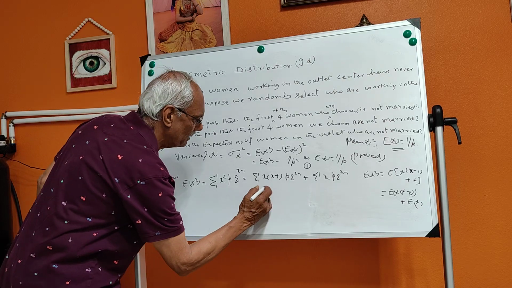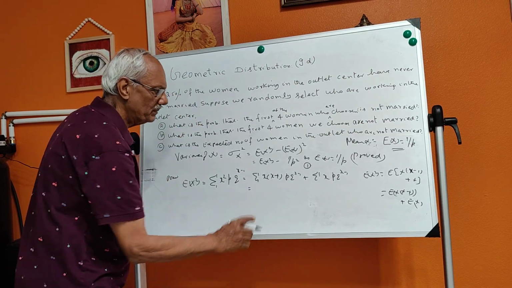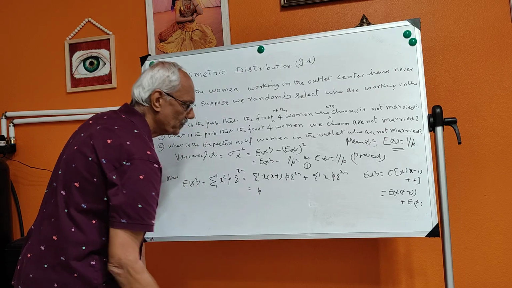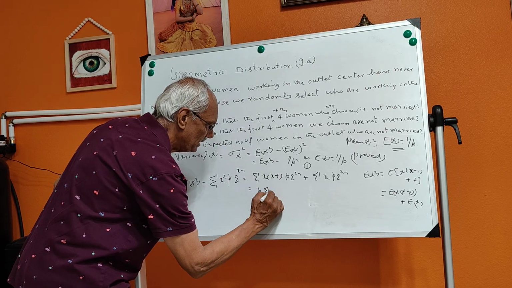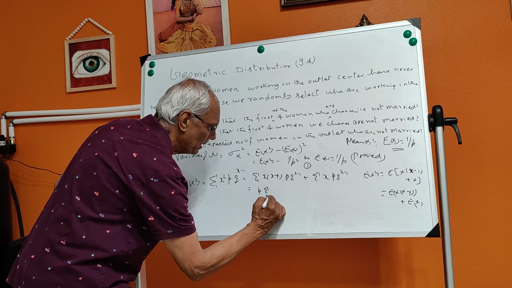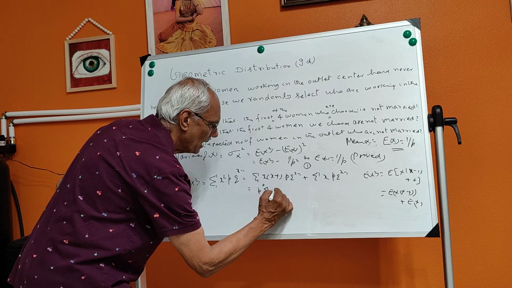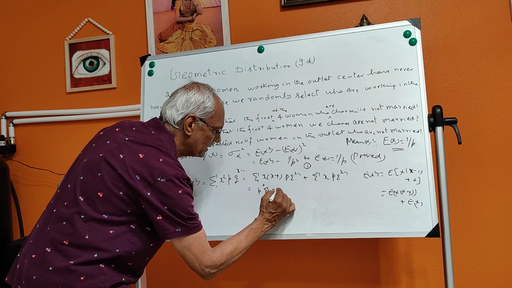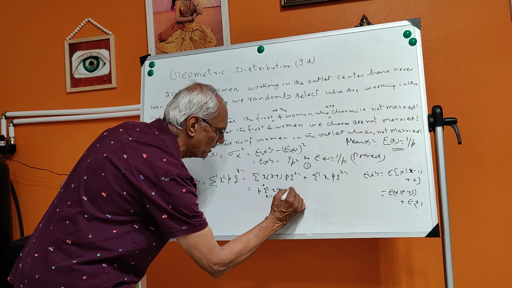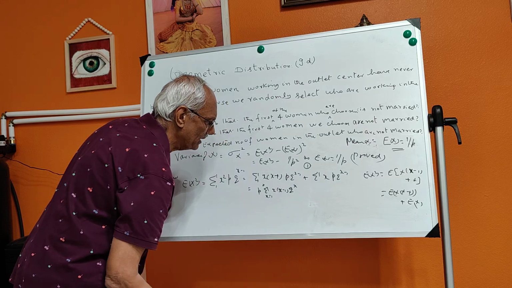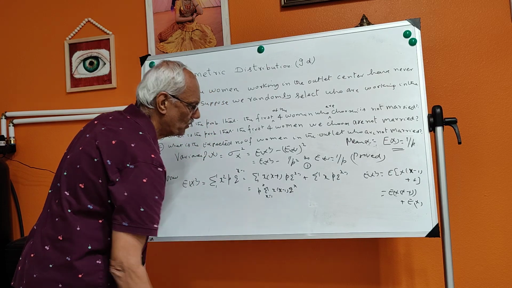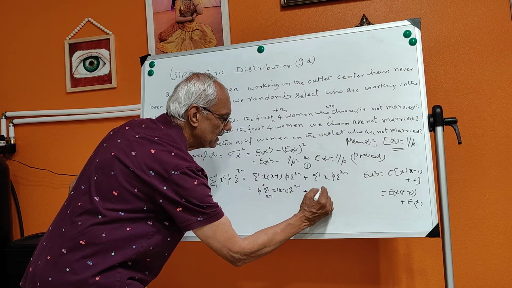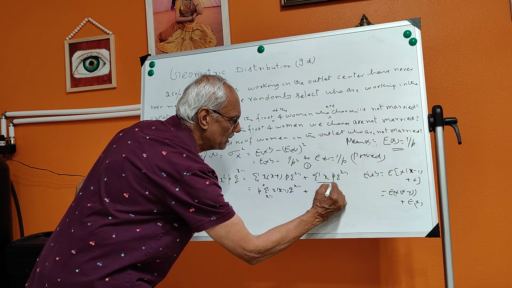You can take this p outside, and this is nothing but x varying from 1 to infinity of x into x minus 1 into q to the power of x minus 1, plus this value is known. This is nothing but what?